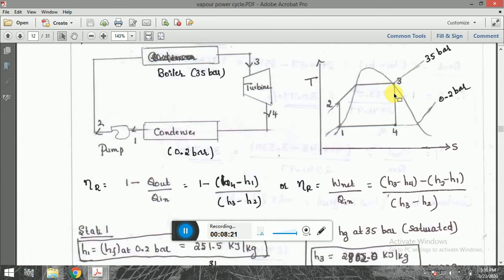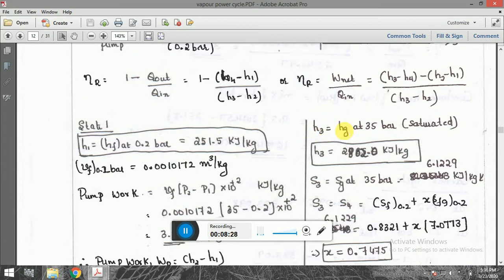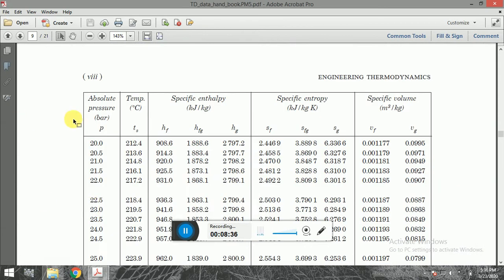Whenever it is purely a saturated vapor, what should we do? We can note down directly that H3 is equal to Hg. We go to our thermodynamics data handbook, look at the pressure based chart, and find Hg. Why Hg? Because point number 3 lies on the saturated line.